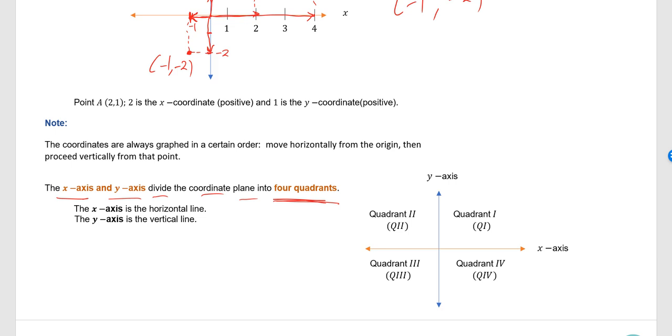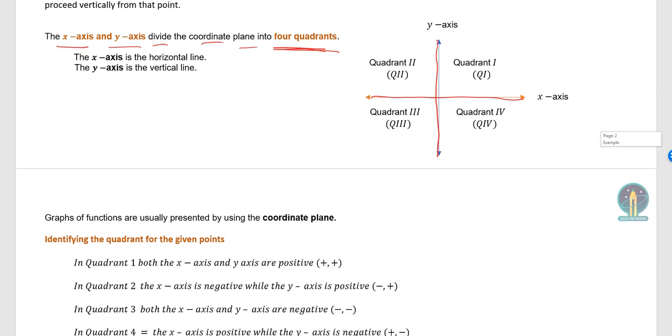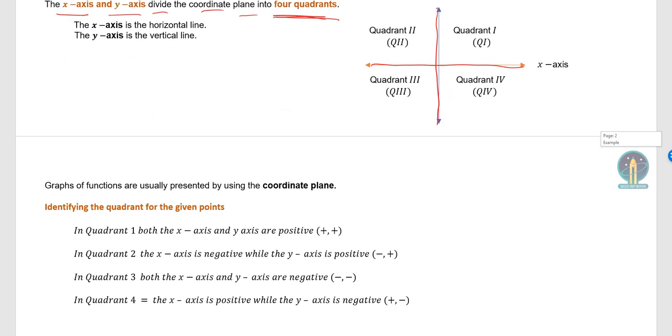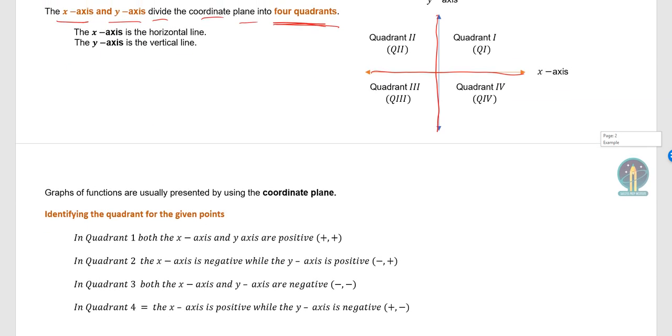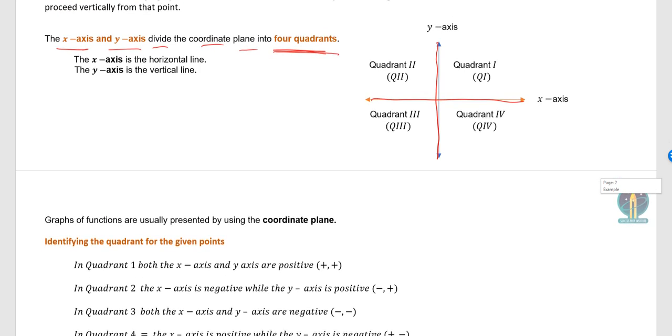The x-axis is this horizontal line. The y-axis is the vertical line. And the signs of the coordinates for the different quadrants are important to keep in mind.